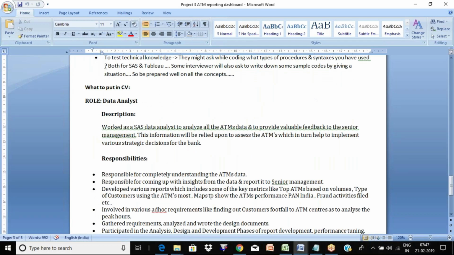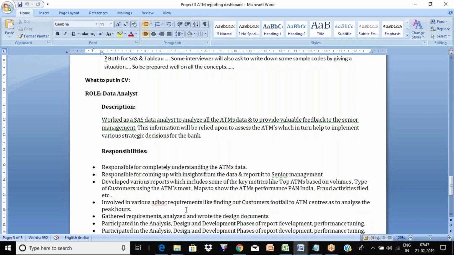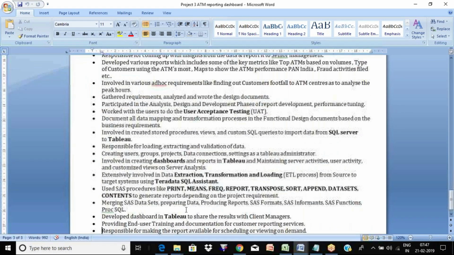Developed various reports which include some key metrics like top ATMs based on volumes, type of customers using ATMs most, maps to show ATM performance pan India, fraud activities, etc. Involved in various ad hoc requirements like finding out customer footfall to ATM centers to analyze the peak hours, right? And all these are the common ones, like the requirements gathering, the Tableau stuff, right? What kind of different procedures you have used, all these things.